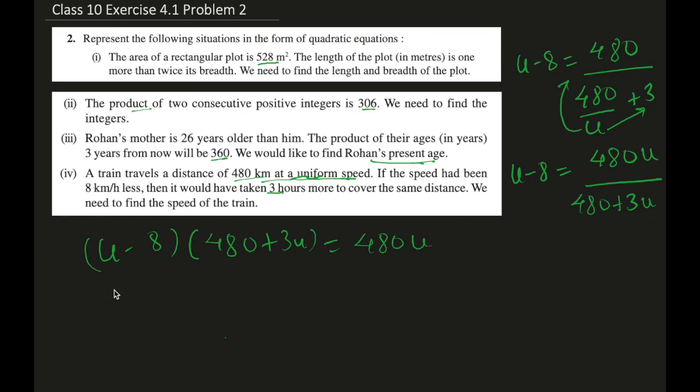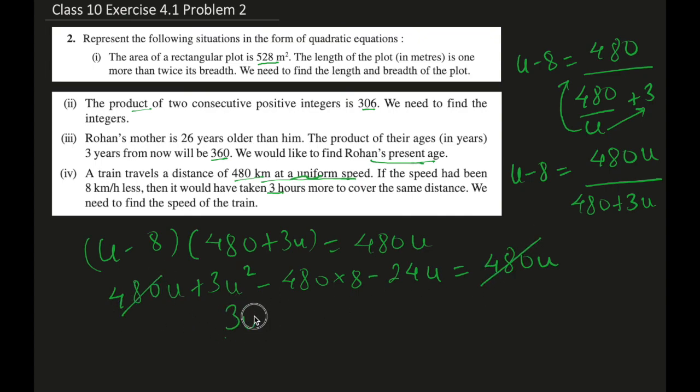So it will be 480 u divided by 480 plus 3 times u. Now we solve this. It will be 480 u plus 3u square minus 8 times 3 minus 480 times 8, minus 24u. This will be equal to 480u. The 480u and 480u will get cancelled.